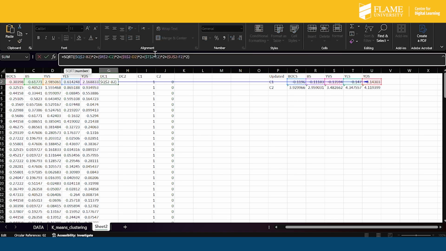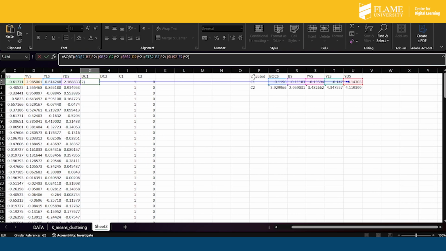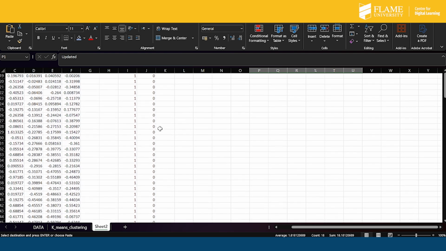So let us check again what is there. First Q2, then R2, then S2, D2, T2, and F2. Maybe because they are on the same line, that's why this is happening. So what we can do is shift these values to the corner, at the end.